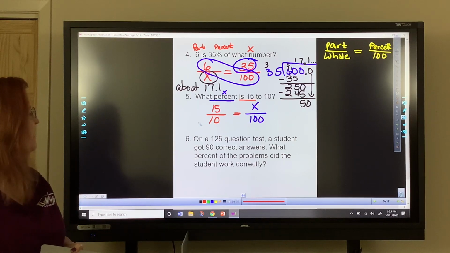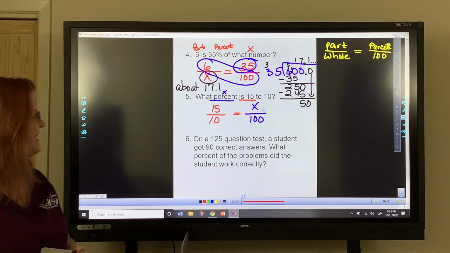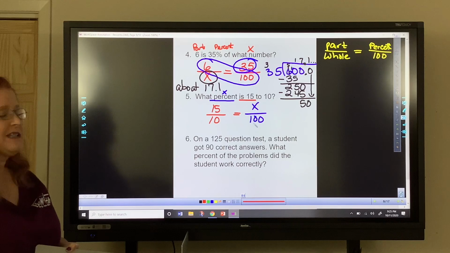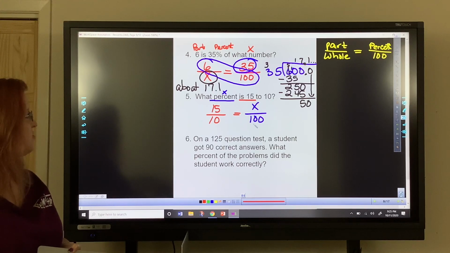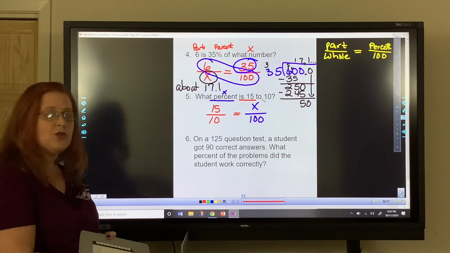Now I noticed something. 15 is larger than 10. So what should you know about your percent value here? You should think that it's going to be larger than 100 because these have to be equal. And here's another way to solve these.